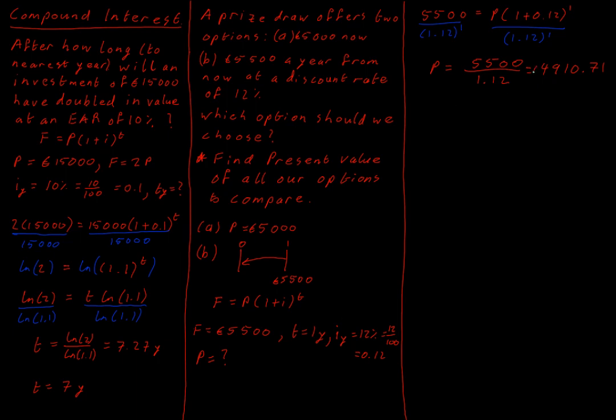So that's the present value of our €5,500, taking the discount rate of 12%. Obviously, that's a fairly extreme discount rate, but it's what we're given in the question, so that's what we use.